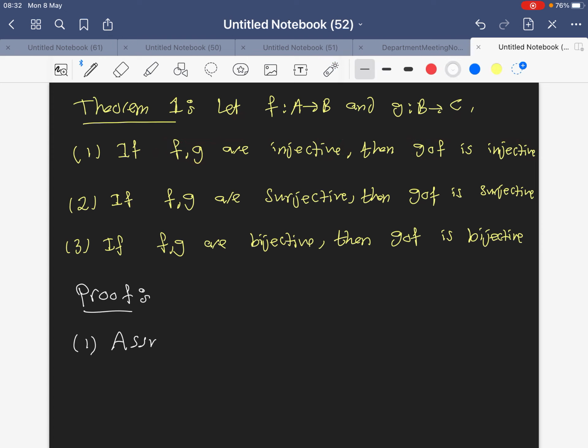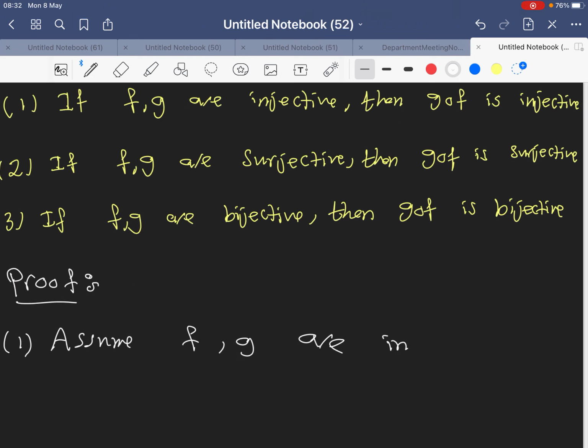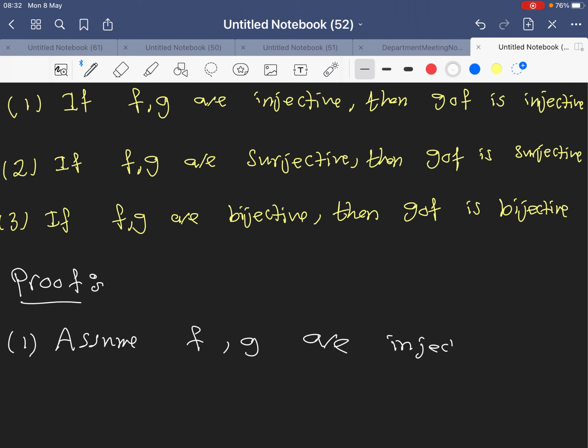So the idea is we will assume f and g are both injective maps, and the required, we need to show that g circle f is injective as well.